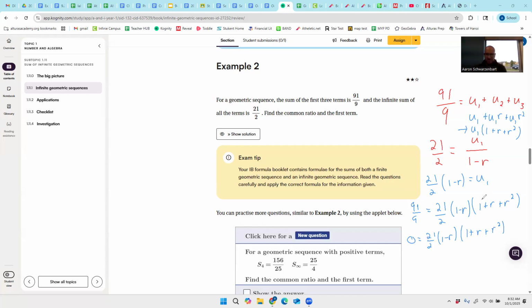And we're going to solve this by graphing because I don't have any desire to solve that by hand. Oh, I missed the minus 91 over 9. There it is.